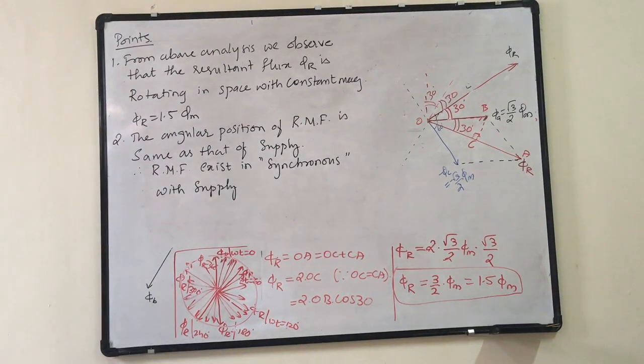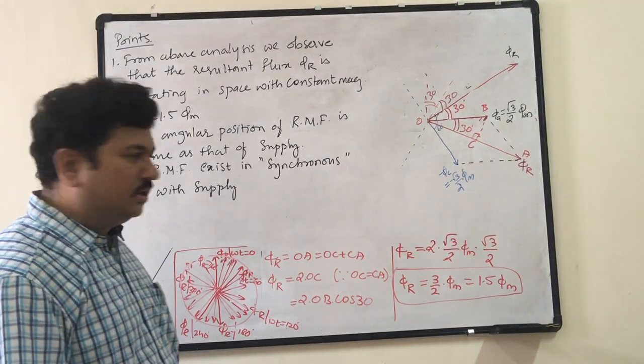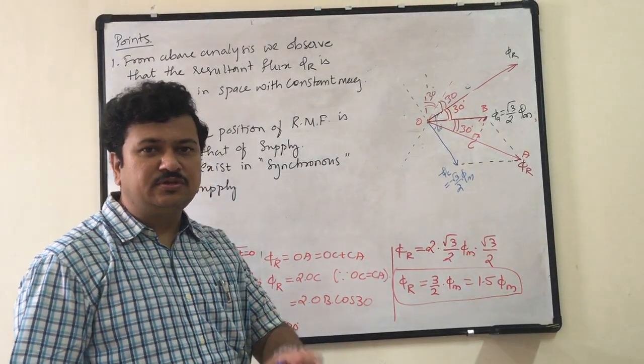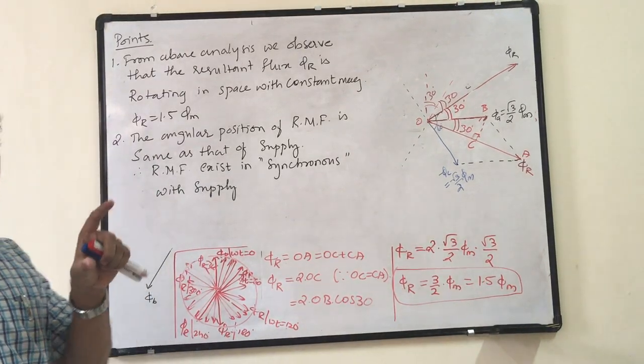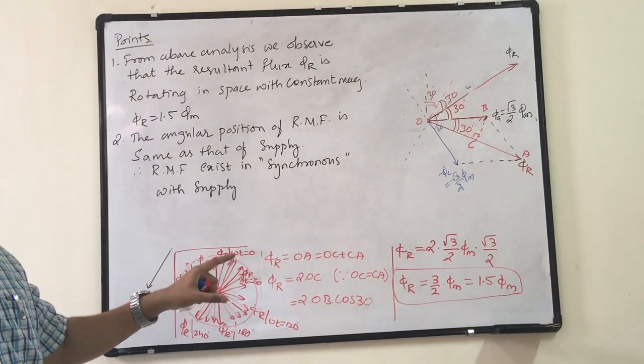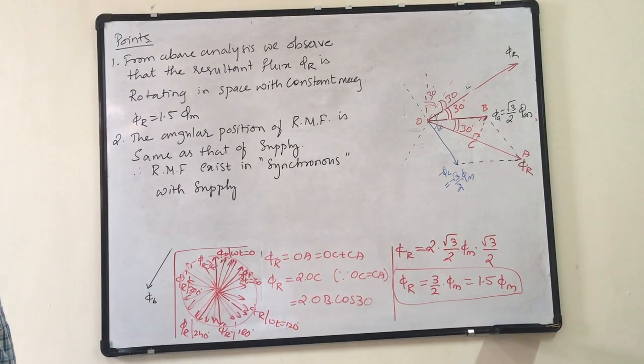Then what is the nature? The nature is sinusoidal. The resultant flux phi r is sinusoidal in nature, and its amplitude, its peak value, is 1.5 times the peak value of each phase flux, that is phi m.